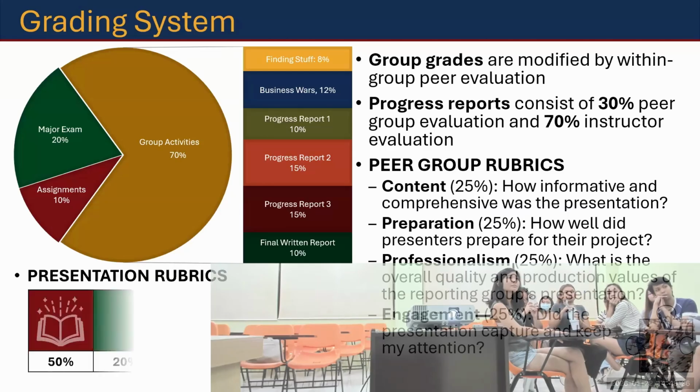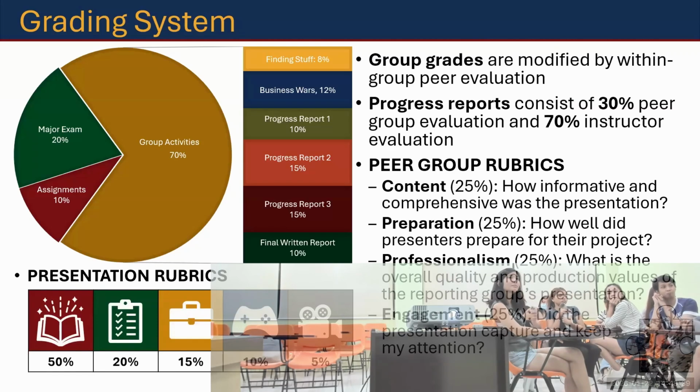When I evaluate you, I am basing it on 50% content, 20% preparation, meaning how well did you research and how well can you answer the questions, 15% professionalism, how confident are you, did you act like CEOs, 10% role play, did you act like consultants or did you act like students, and then 5% production values, meaning how nice was your video. So remember, it's only 5%. Don't spend too much time. You should spend the time on your company.